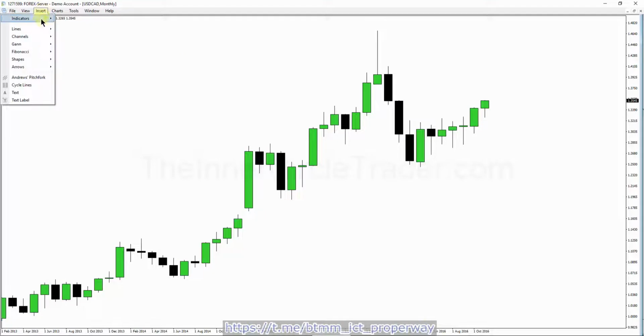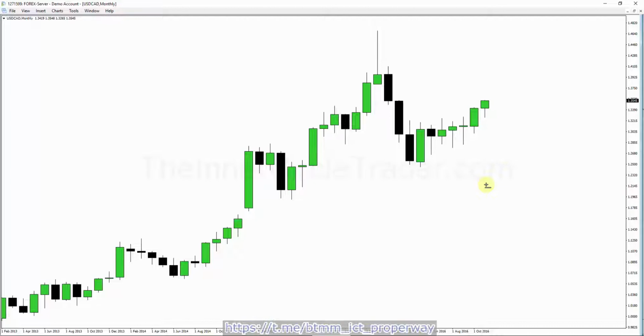When we look at the monthly chart, the first thing you have to remember is that the monthly chart is only going to move with a great deal of money behind these price swings. Retail's not going to have it.